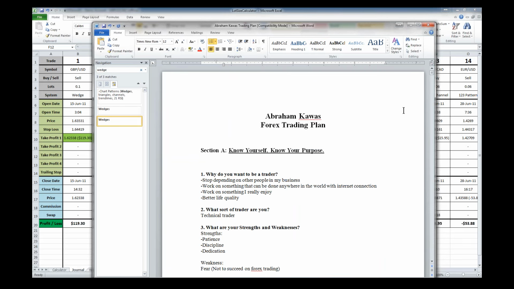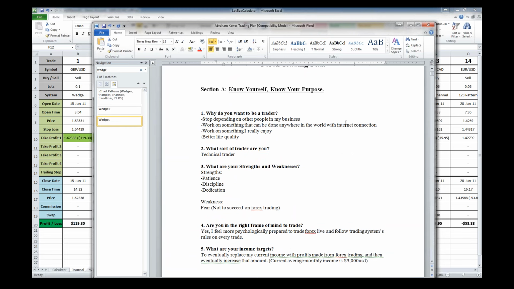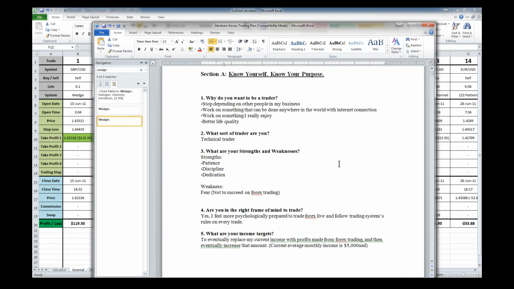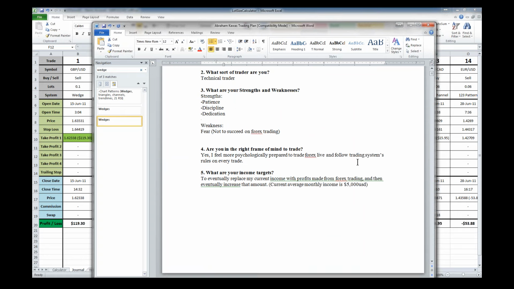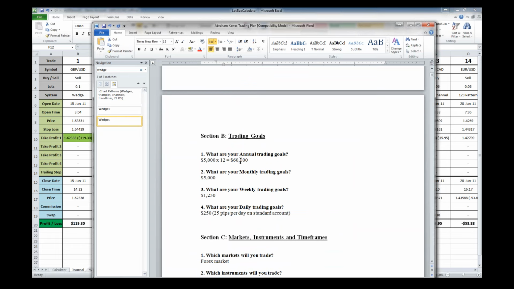Before I forget, now this is his trading plan. This is the other thing. I asked everyone to put together a trading plan, and these are questions I pulled from a couple of different books that I thought were important for traders to understand. His annual trading goal was 60,000 a year. His monthly trading goal was 5,000.